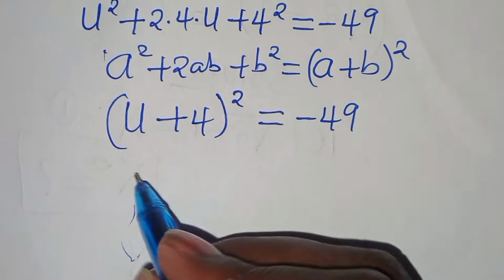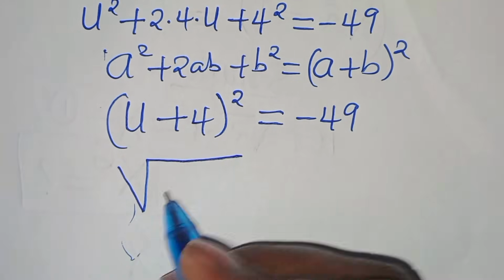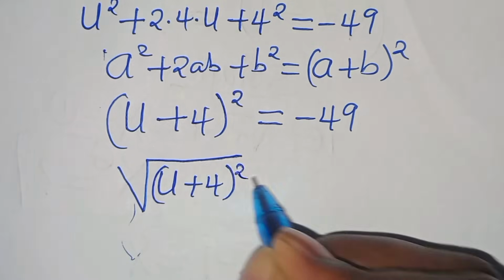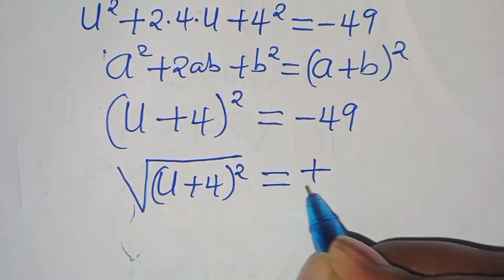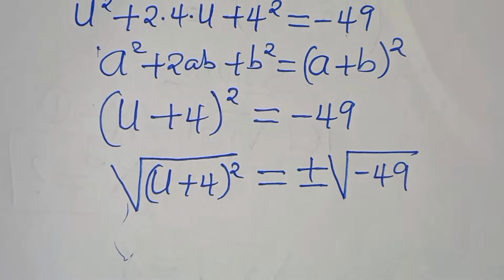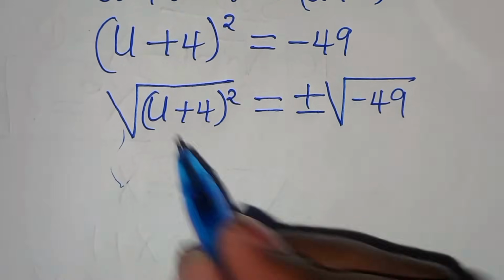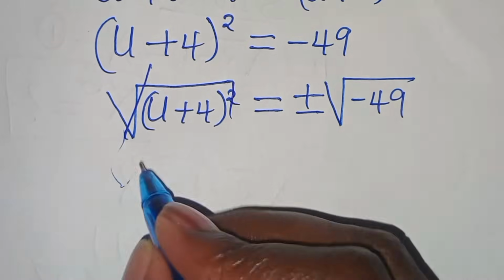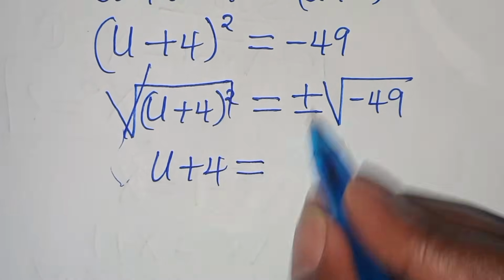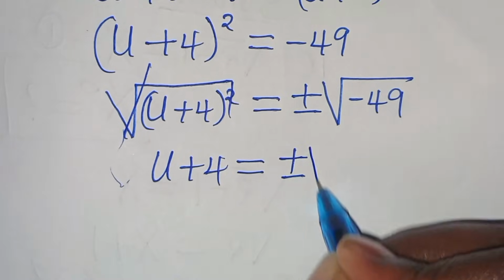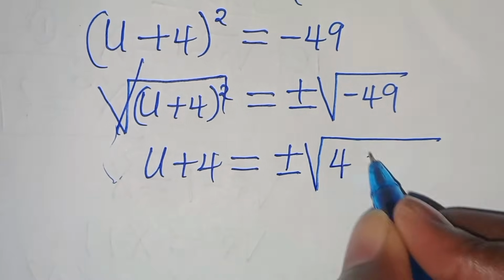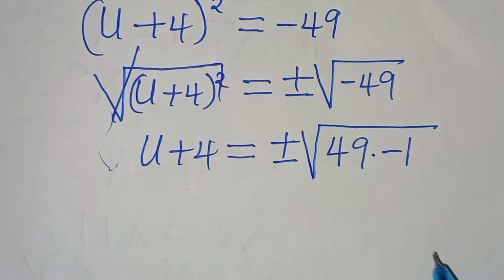Now let's introduce a square root on both sides, so that we have u + 4 equal to plus or minus the square root of negative 49. Eliminating the square root sign, we express the square root of negative 49 as the square root of 49 times negative 1.